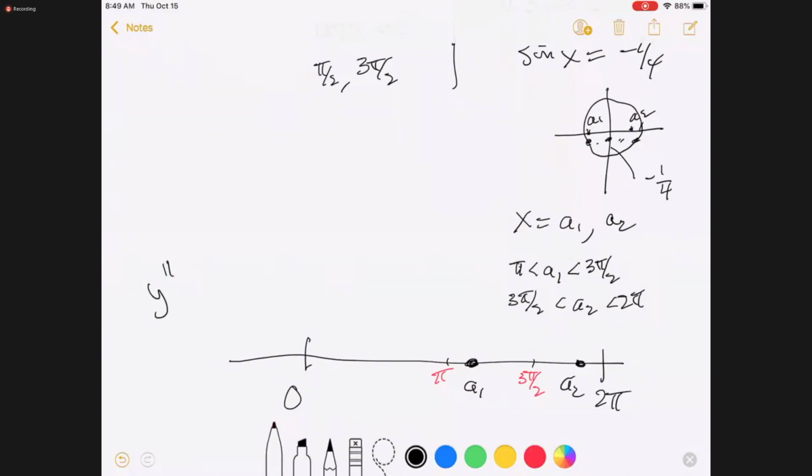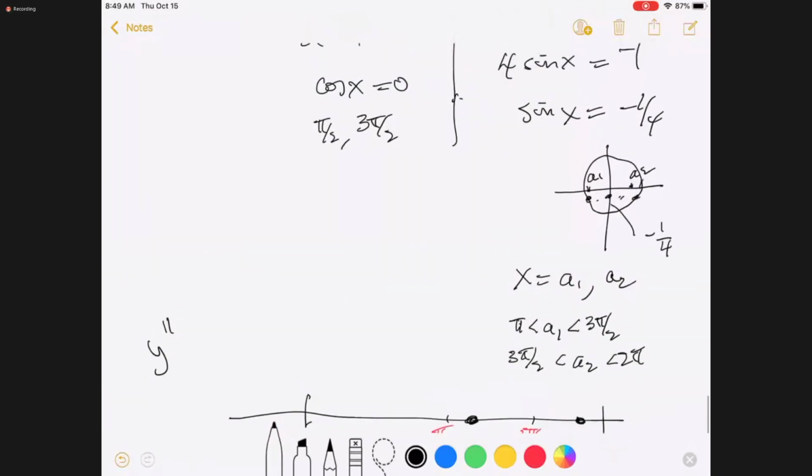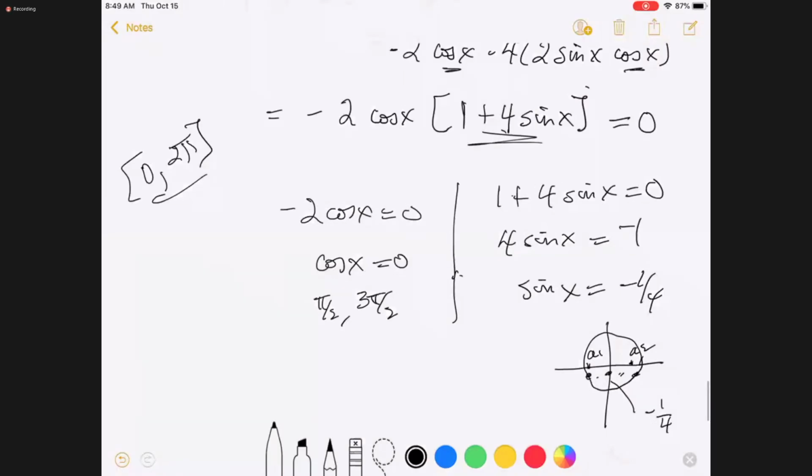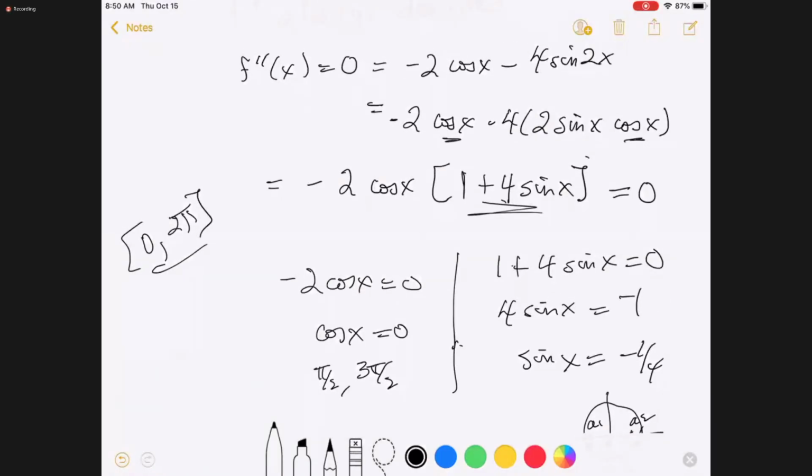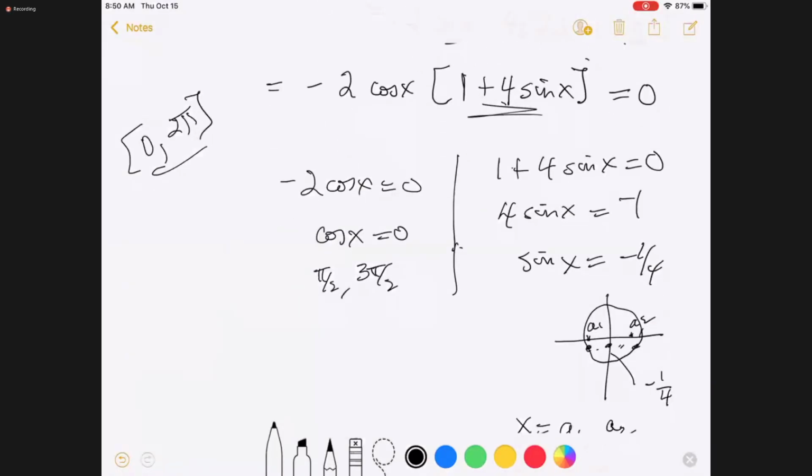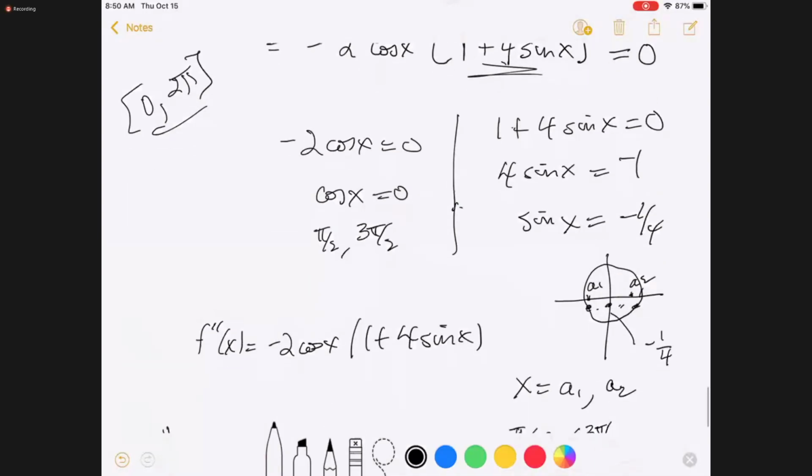Okay, and so pi is between 0 and A1. Can use that. And where did my second derivative go? Okay, it was minus 2 cosine x times 1 plus 4 sine x.